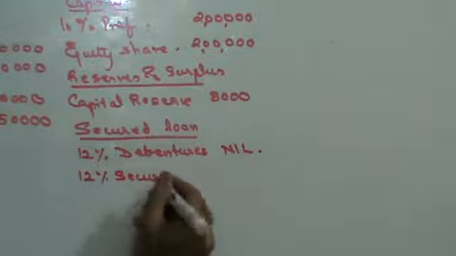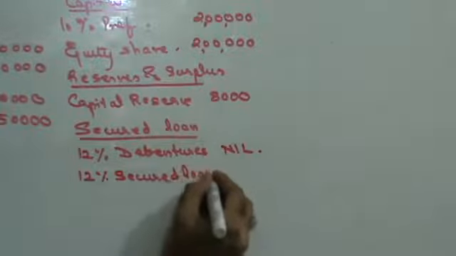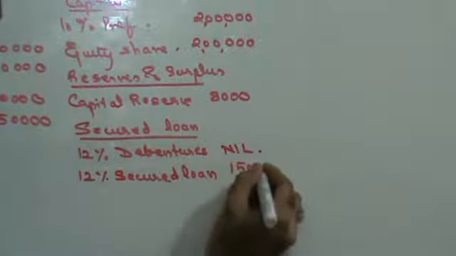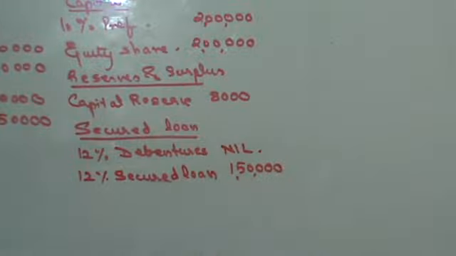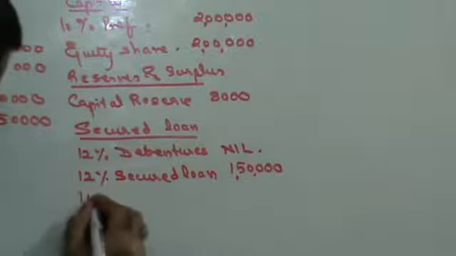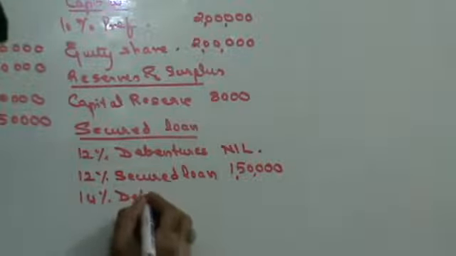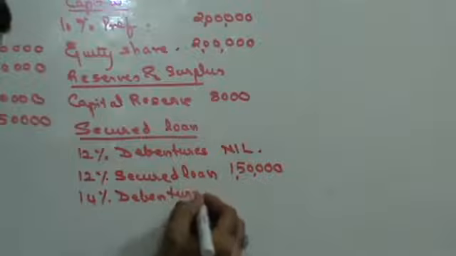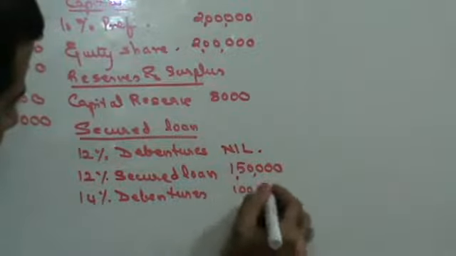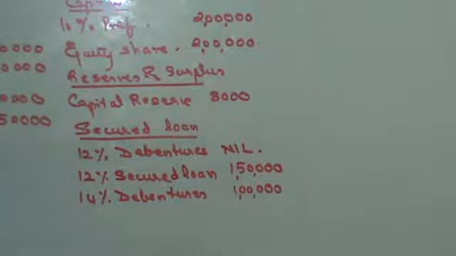It's on the credit side, which is 1,50,000. You have also issued 14% debentures of 1 lakh. So 14% debentures of 1 lakh.